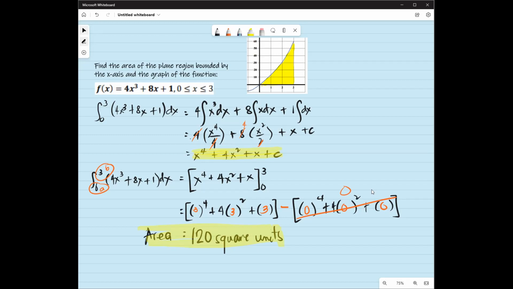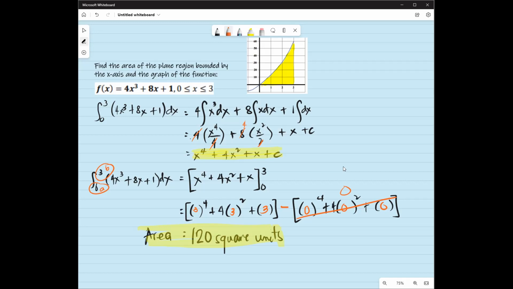yung answer na nakuha mo mula sa pagsasolve ng indefinite integral na nakatanggal na yung plus C, yung may naka-bracket na may 3 sa taas tapos 0 sa baba. Yun, dun na tayo. Ngayon, ang gagawin mo naman is yung FA minus FB na formula.